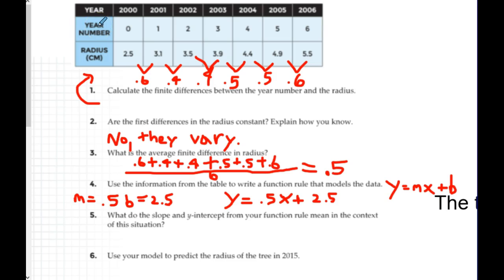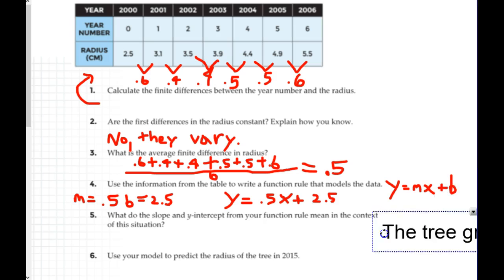Okay, you're basically talking about the two parts of the table. It's the radius of the rings per year. And since we're talking about age, we would say that the tree grows, a new ring increasing at a radius about 0.5. Okay, so here's what I had up earlier.